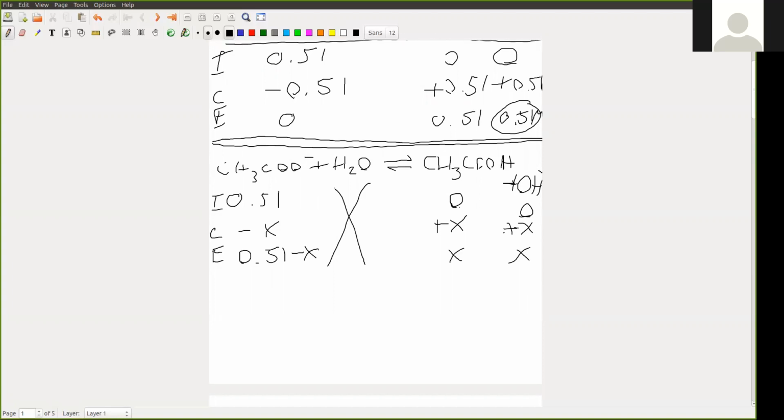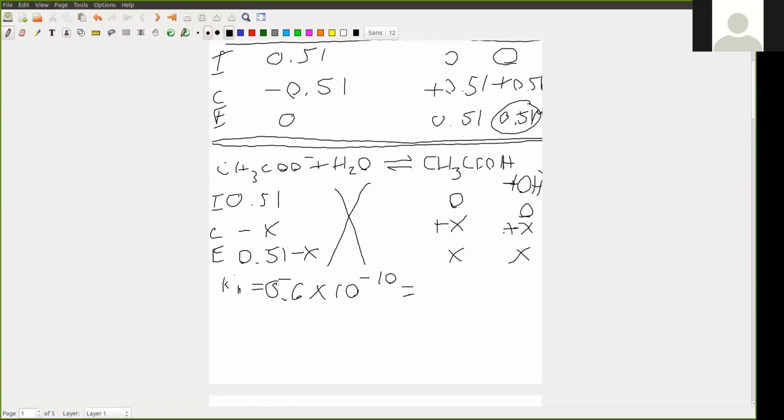And when you do, you find that that Kb is equal to 5.6 times 10 to the minus 10.